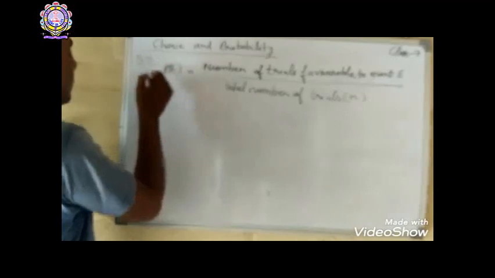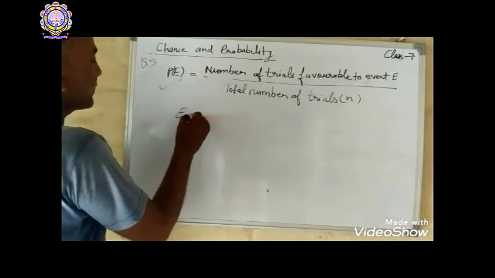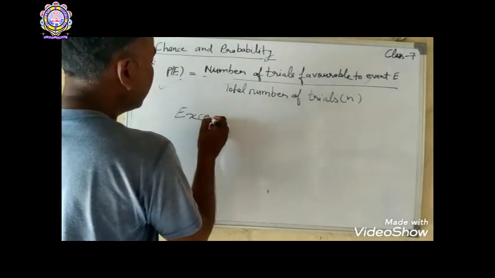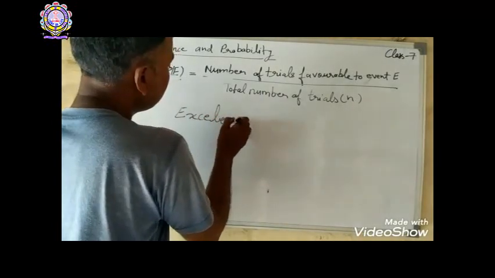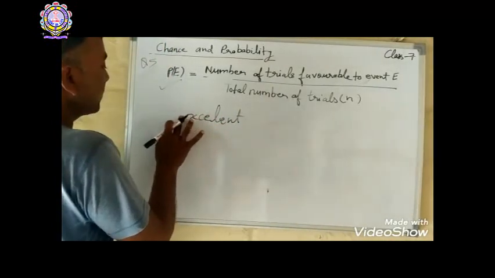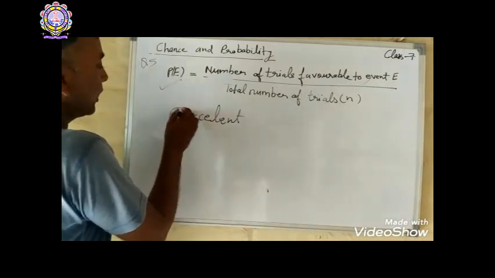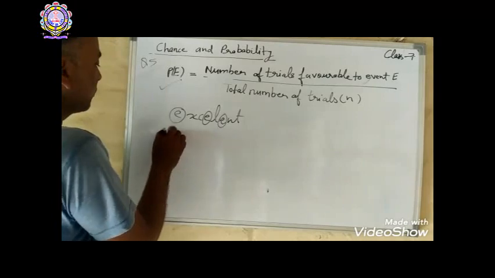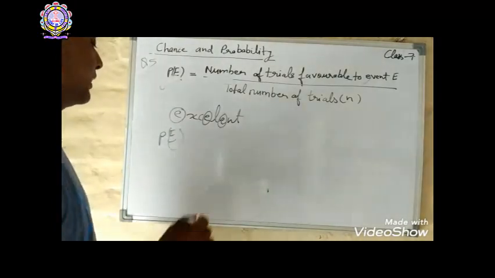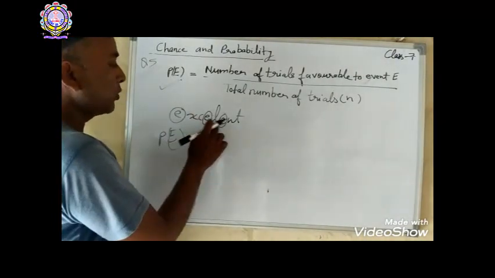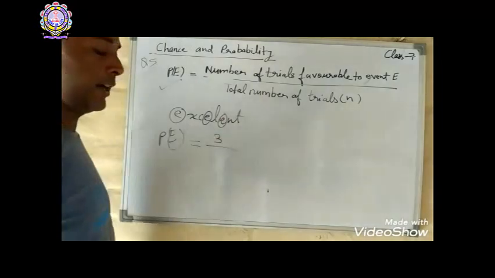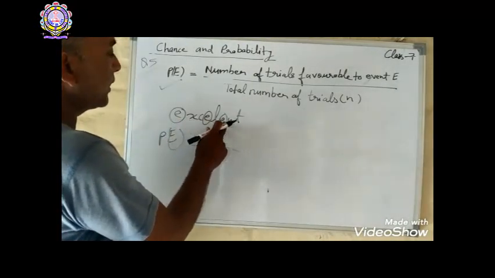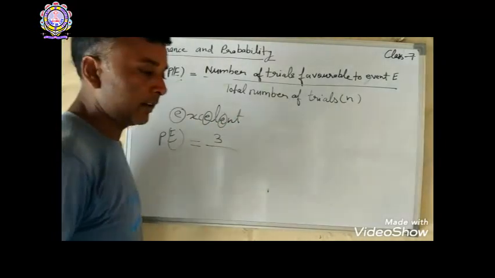The word EXCELLENT is given. So how many times does E come here? 1, 2, 3 times. Therefore, probability of event is 3 over the total letters.